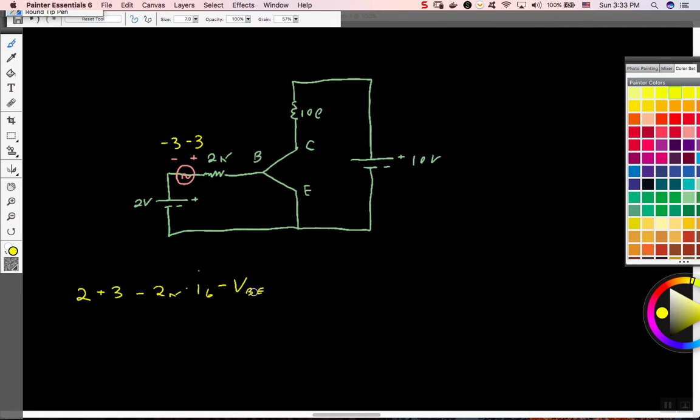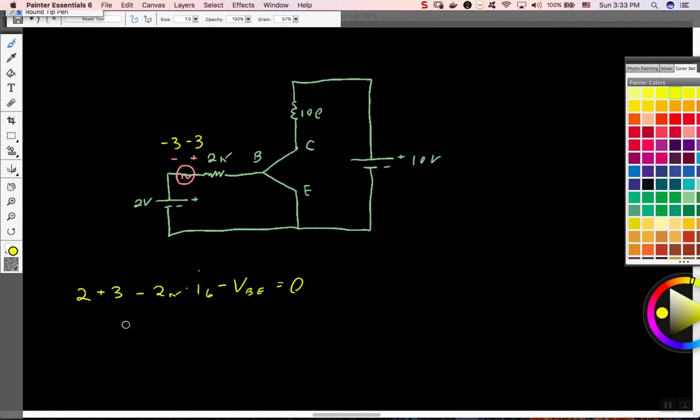If VBE is bigger than 0.5, then the transistor is either in the active or saturated state. If it's less than 0.5, then normally we say the transistor is in the cutoff state. So we saw that before. But in any case, we solve that equation and analyze it.